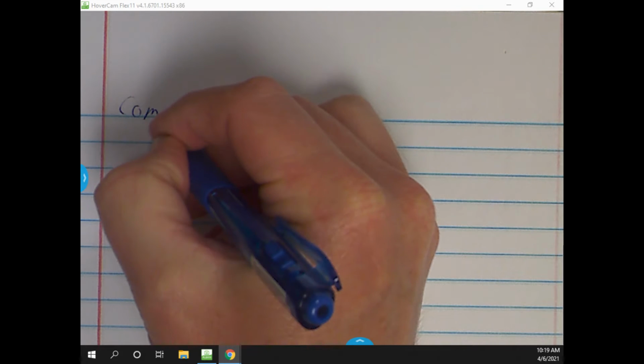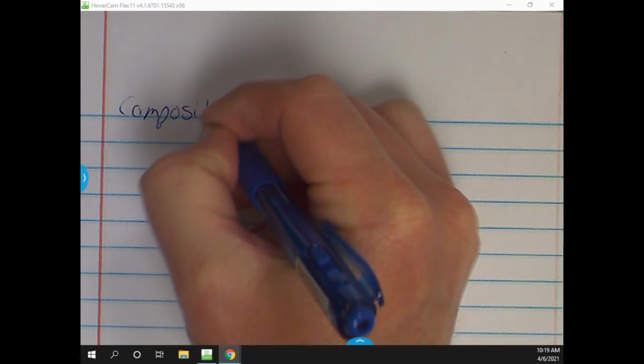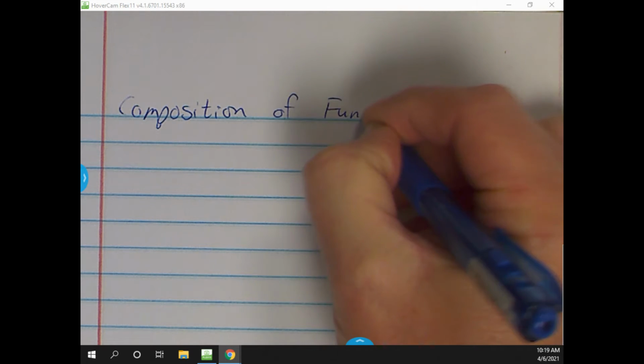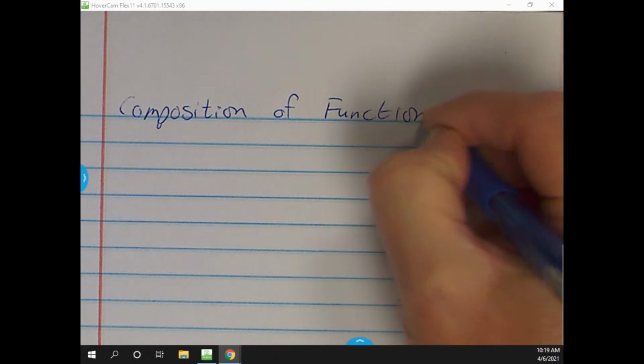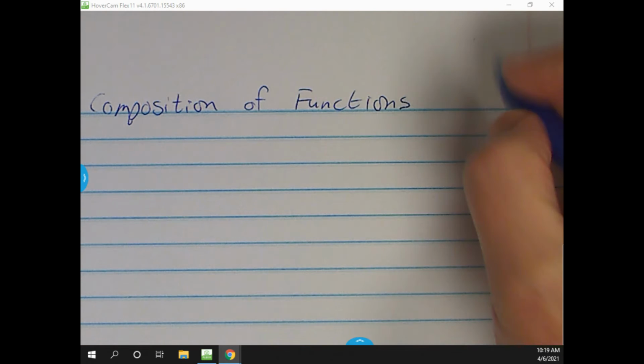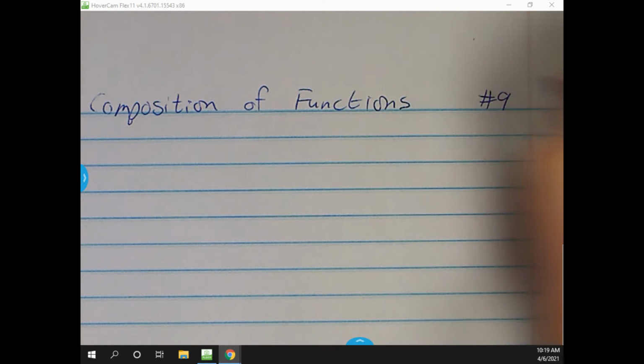All right, so what we got for today is we're doing composition of functions. And with composition of functions, again, if you're keeping up with notes, this would be number 9 for today.